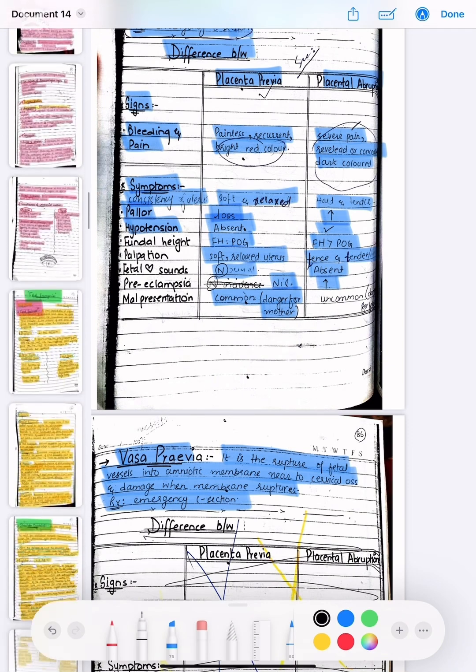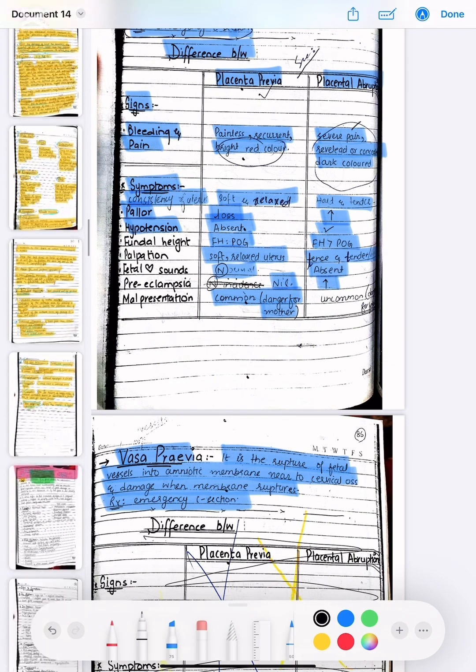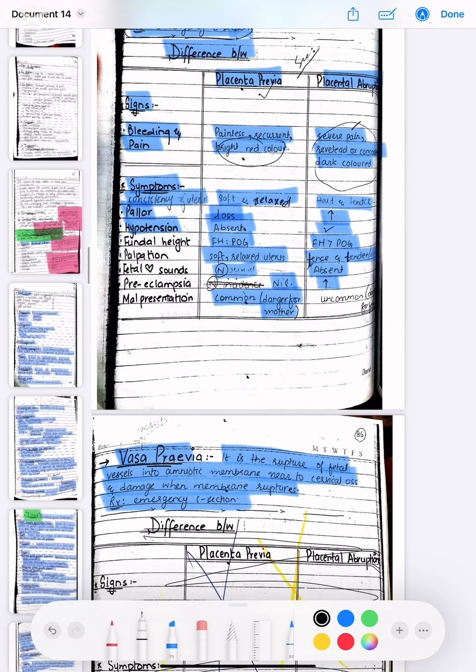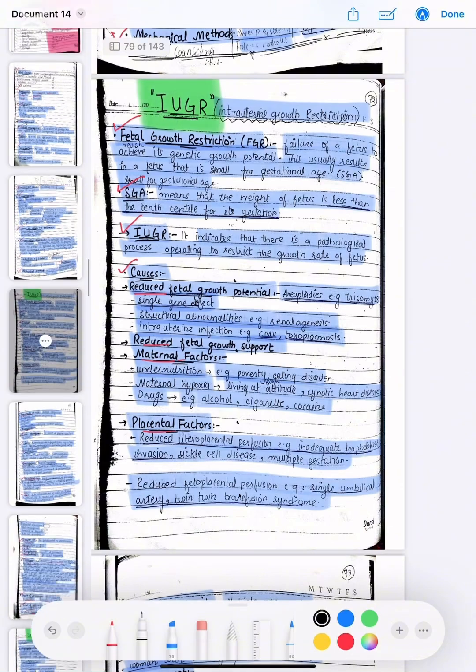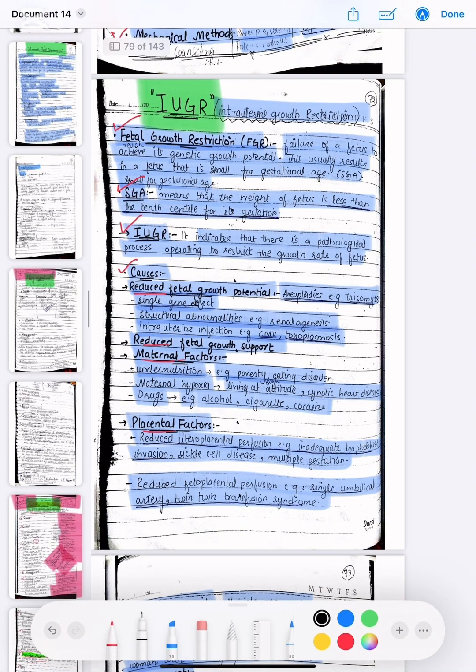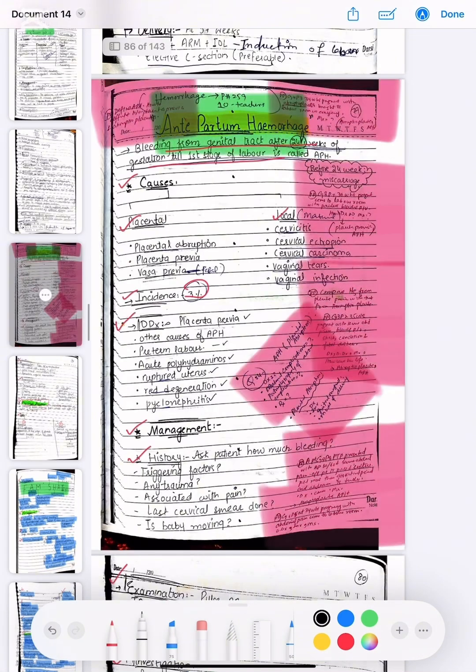We have discussed antepartum hemorrhage, that is APH, and the different causes of it. Antepartum hemorrhage is bleeding from the genital tract after 24 weeks of gestation till the first stage of labor.